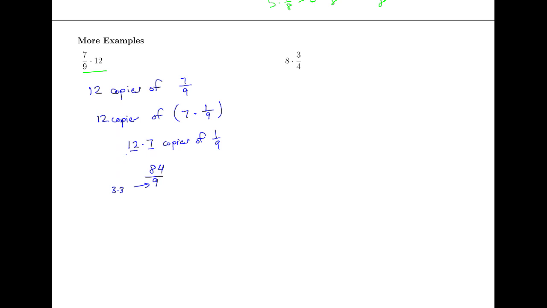So 12 is 3 times 4. So 84 must be 3 times 28. Okay, that 28 I got from the 4 times 7 here. And so we can cancel that common factor of 3 and we get 28 ninths.